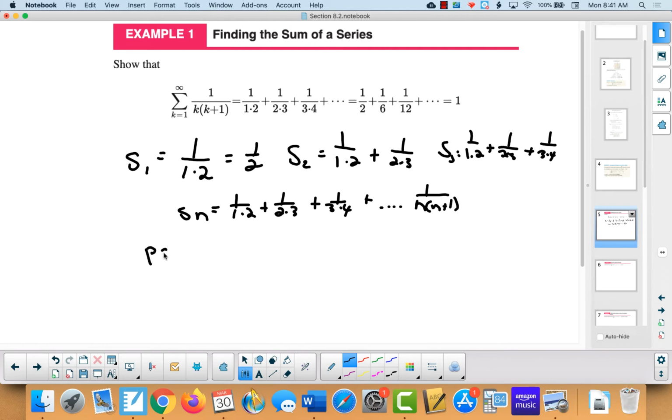So if we use partial fractions on this right here, we get 1 over n minus 1 over n plus 1.